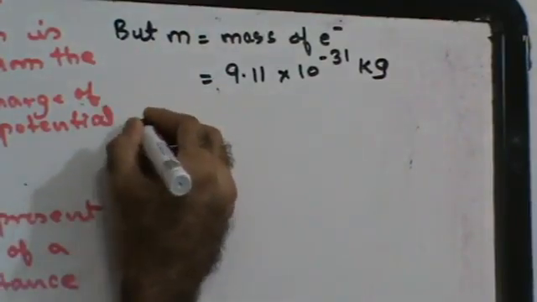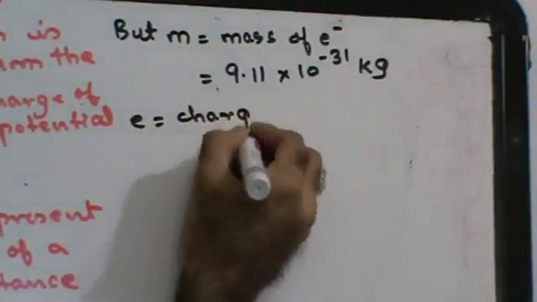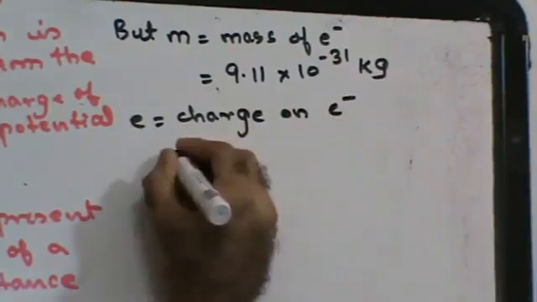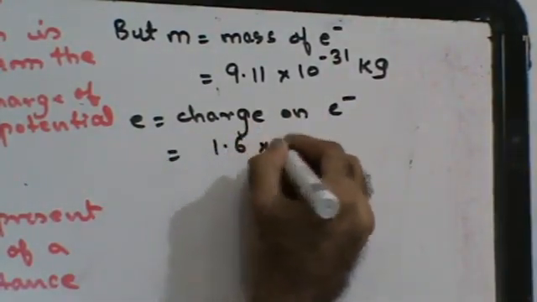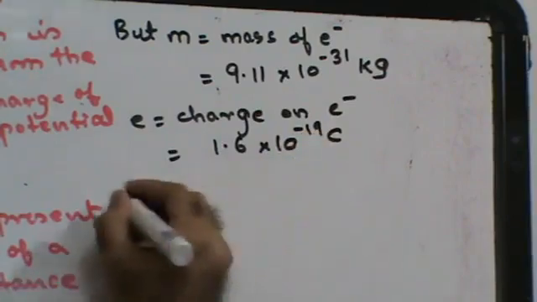Then E, that is the charge on the electron, is 1.6 into 10 raised to minus 19 coulombs.